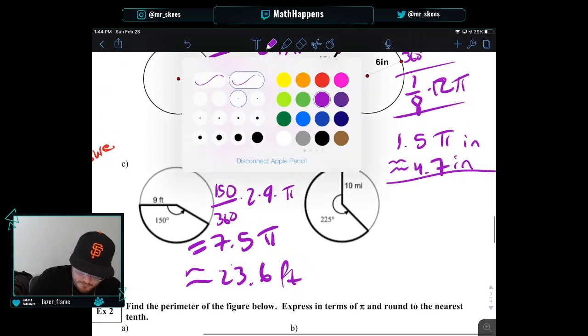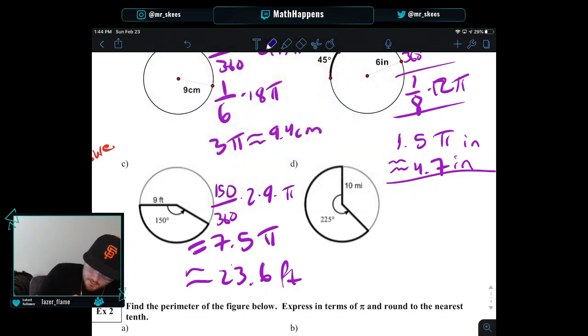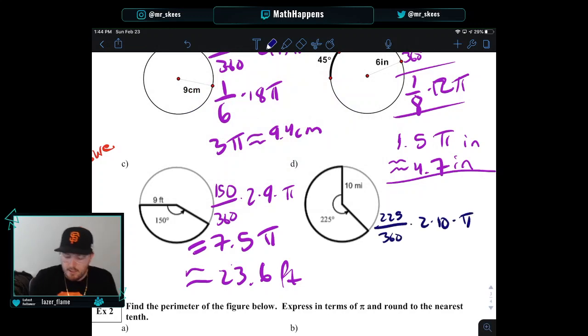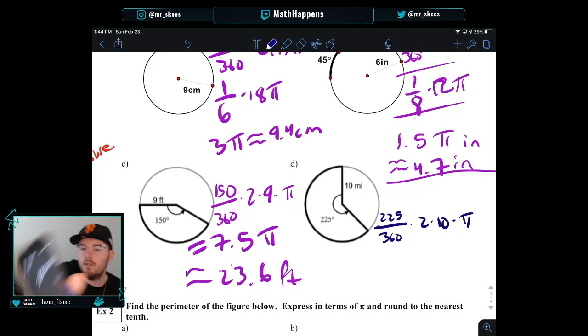One more time. 225 over 360 times 2 times r times pi. So plug that all into your calculator if you'd like. 225 divided by 360 is 0.625 times 2 times 10.